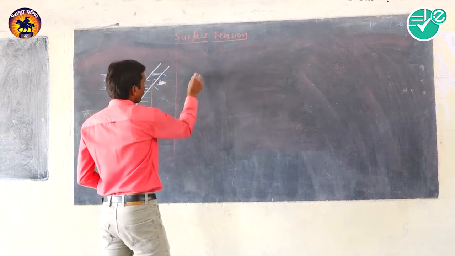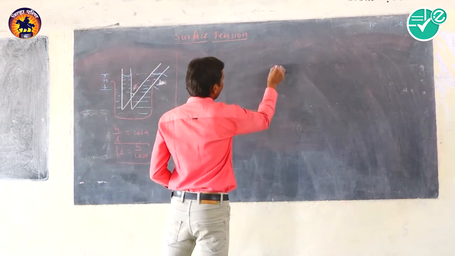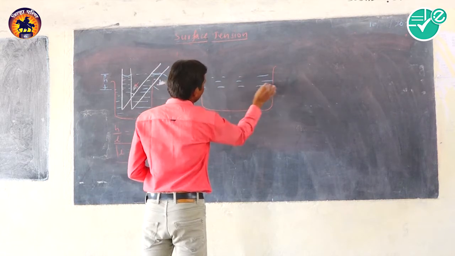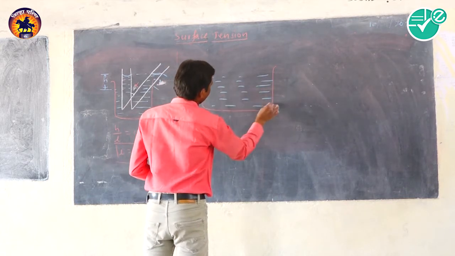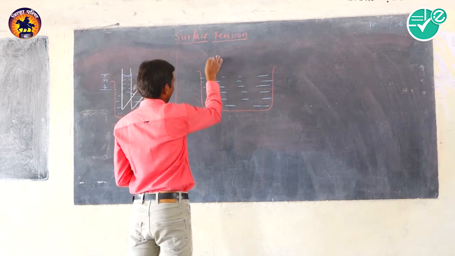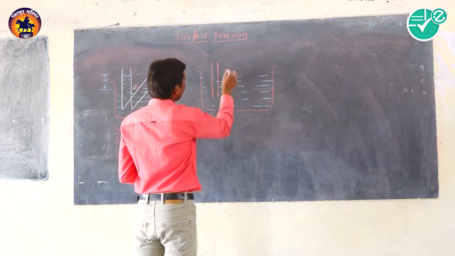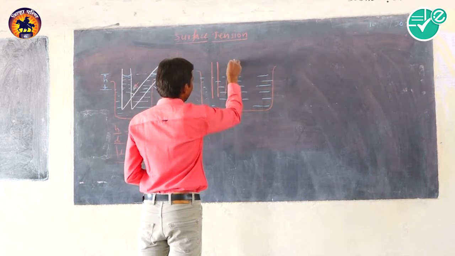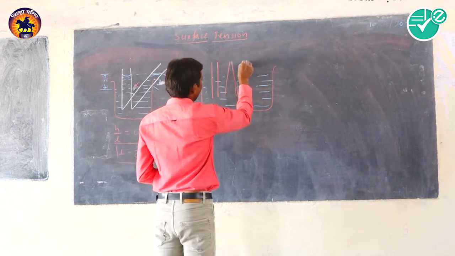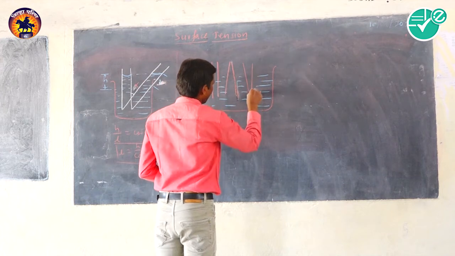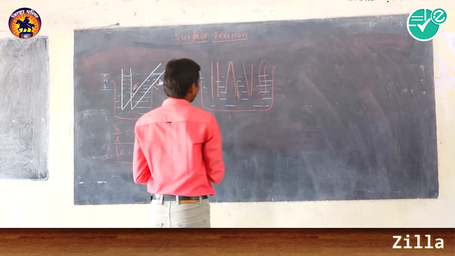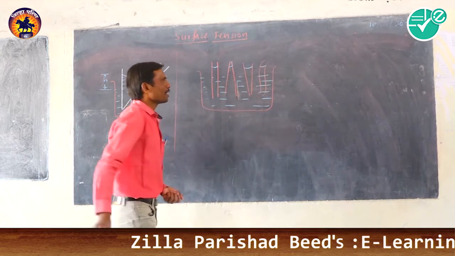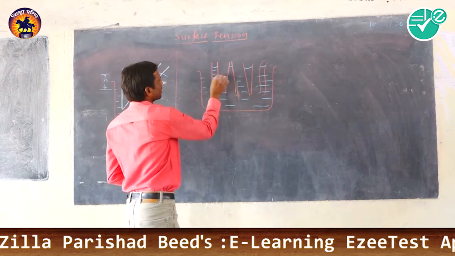It is also found that glass capillary tubes having different shapes, when dipped inside the liquid, the rise of the liquid in all capillary tubes remains the same when the radius of the meniscus is the same.